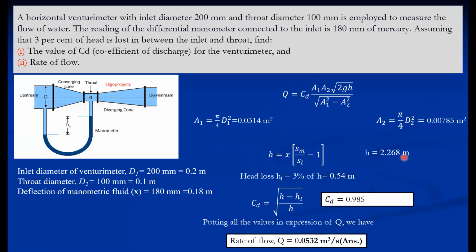So first of all, we'll calculate H, and HL is 3% of the head. Sometimes this head loss is given in terms of velocity head. Now in this case, it is given that 3% of the head is lost between inlet and throat. So in order to calculate CD, we use this information.